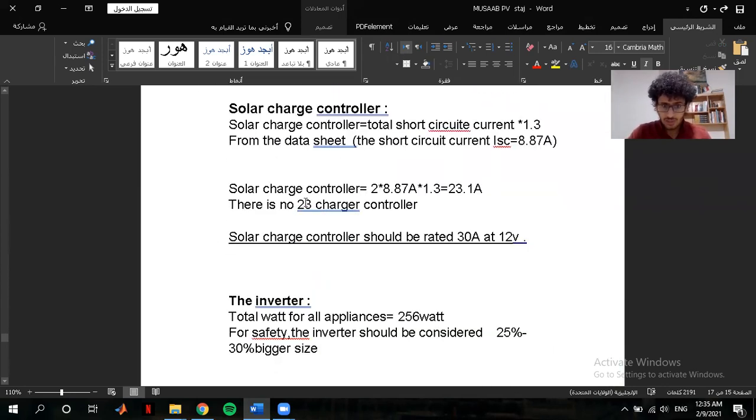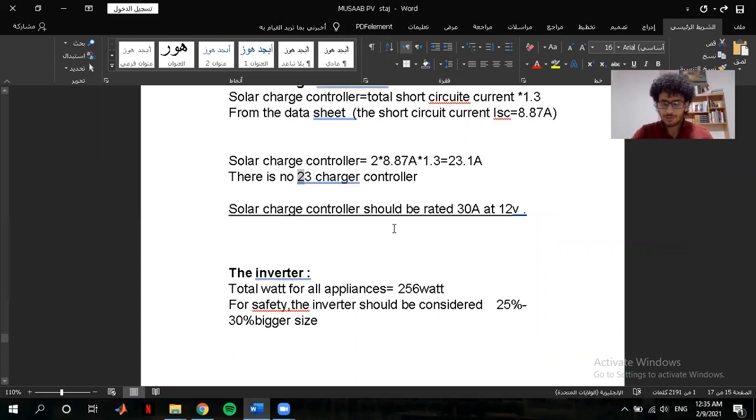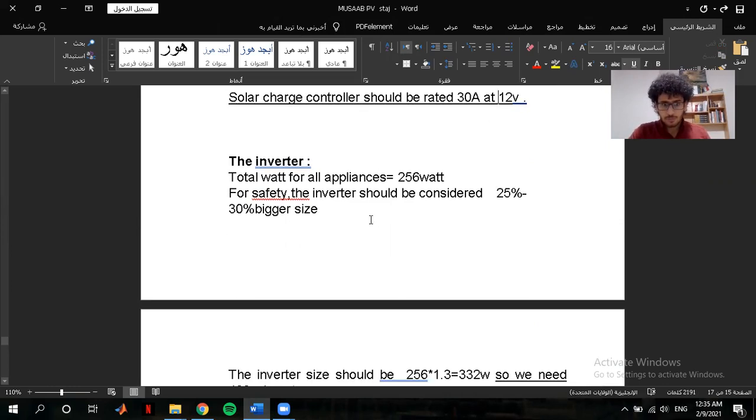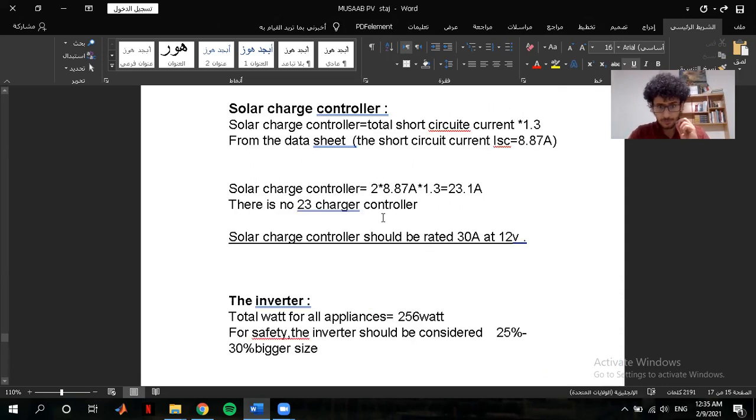We get 23 ampere. There is no such 23 ampere in the market, so I'm going to use 30 ampere at 12 volts. So we get 4 batteries, 2 solar panels, and the charge controller is 30 ampere.